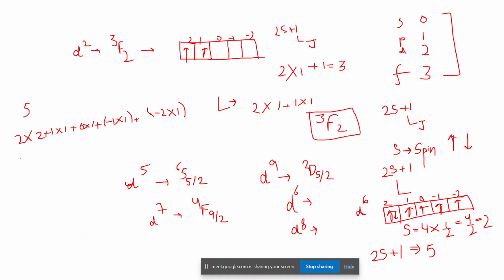So it comes out to be 2 into 2 is 4, plus 1 into 1 is 1, 0 into 0 is 0, minus 1 into 1 is minus 1, and minus 2 into 1 is minus 2. So this cancels out, and it comes out to 2.